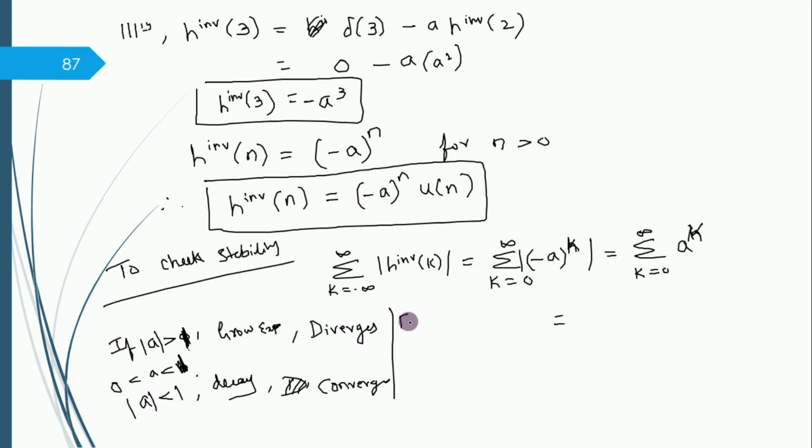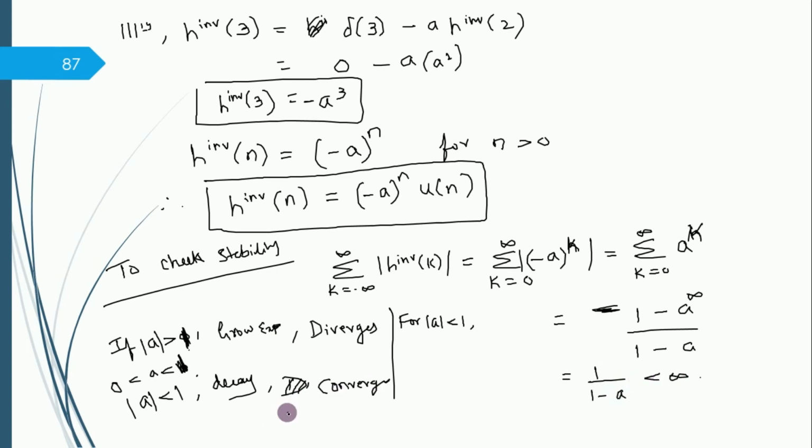That's why I take mod a less than 1. In that range, this becomes 1 minus a raised to upper limit plus 1, that is infinity plus 1, which is infinity itself, over 1 minus a. So this will result in 1 divided by 1 minus a, which is less than infinity.